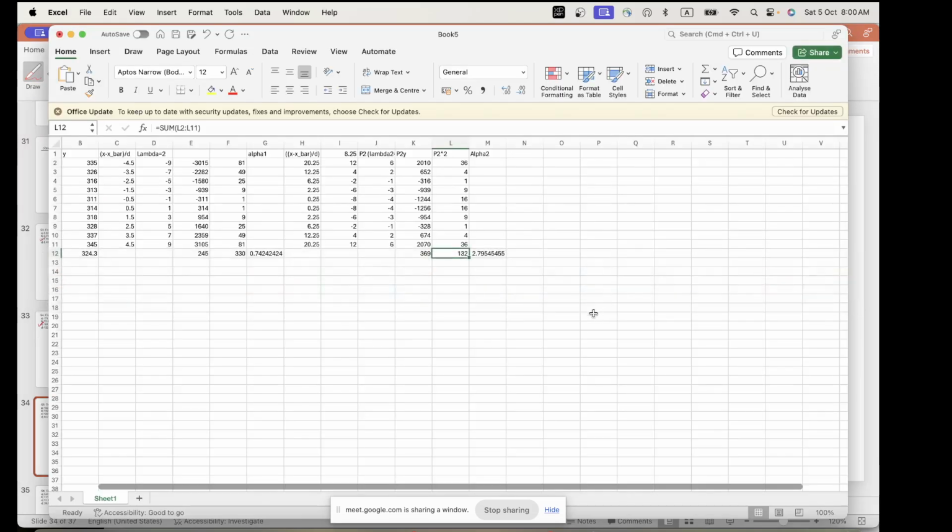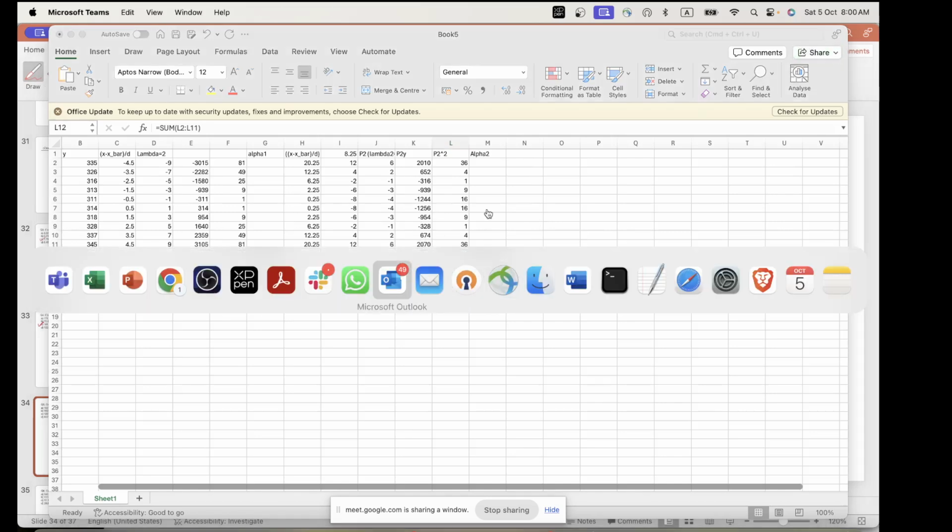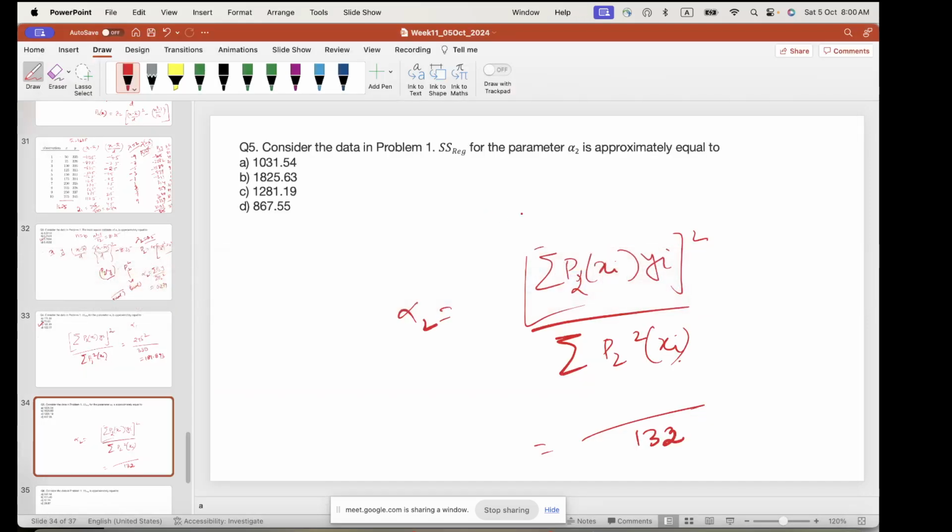It was actually 369. Okay, so this will be 369 square, and that amounts to 369 into 369 divided by 132. So this is 1031.52, which is option A.